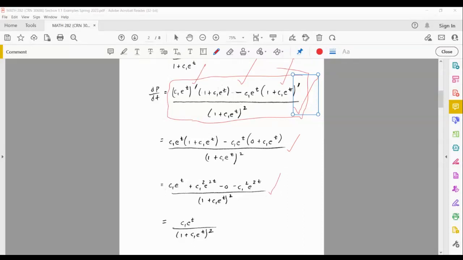And then we just do a little more. We're going to use the distributive property here to multiply C1 e to the t through this binomial, and similarly multiply this function through this binomial.